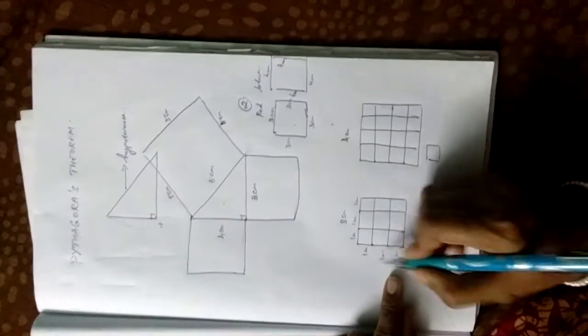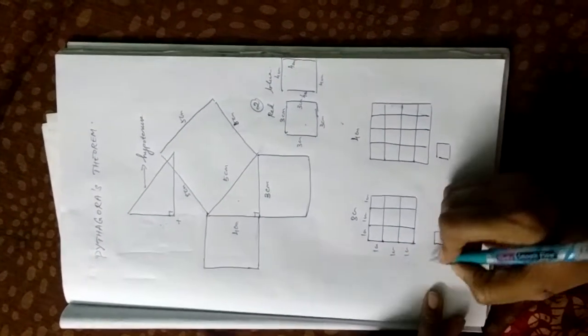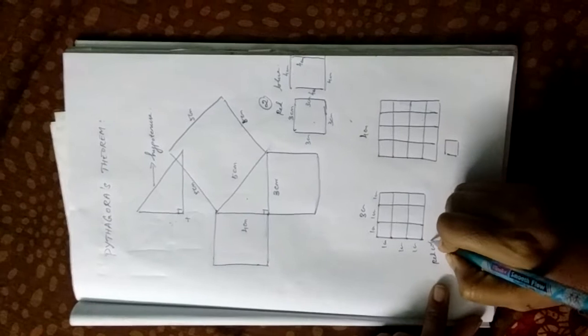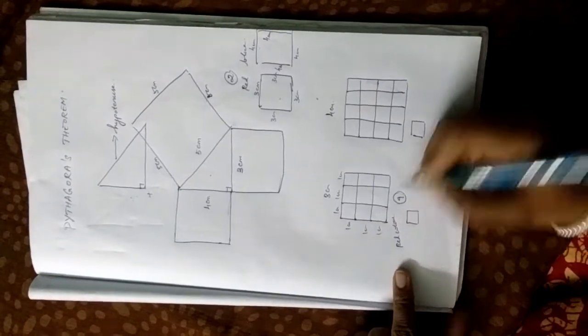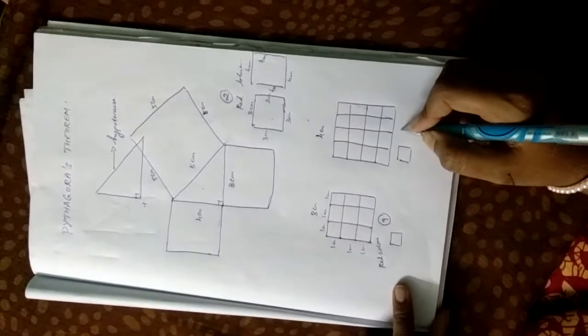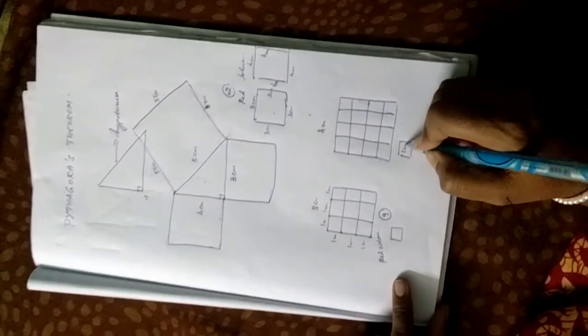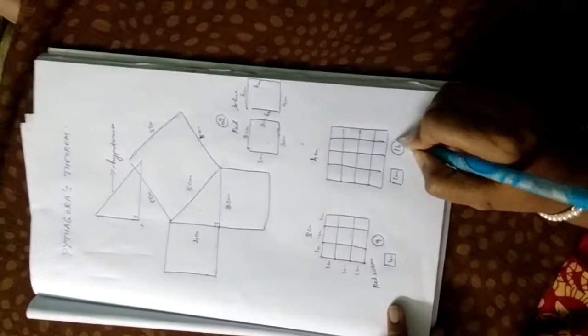Now you have pieces of red color, 9 pieces, and in blue color you have 1 centimeter pieces, 16.